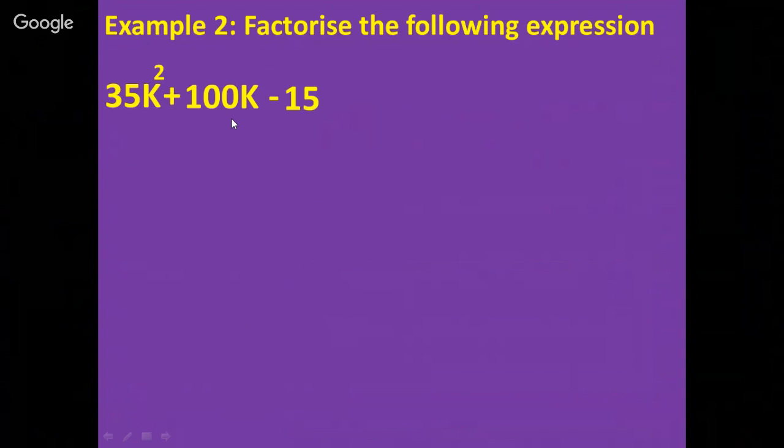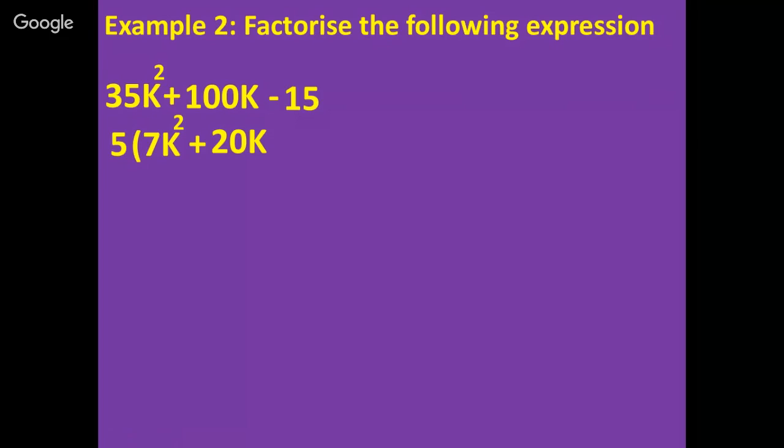So let's do that. 5 times 35k squared divided by 5 is 7k squared, and 100k divided by 5 is 20k, and minus 15 divided by 5 is minus 3.